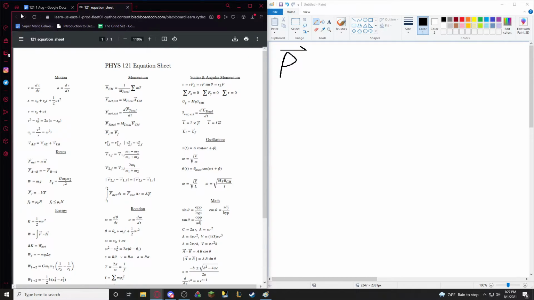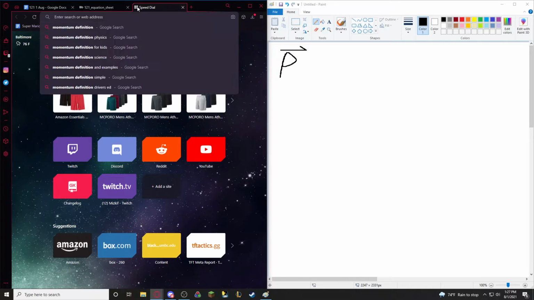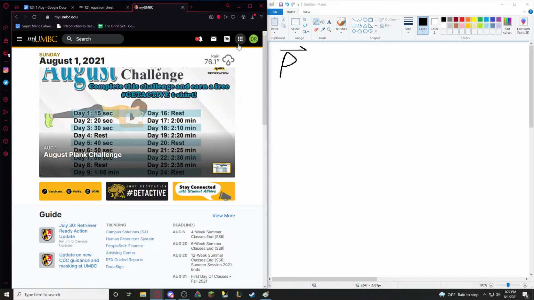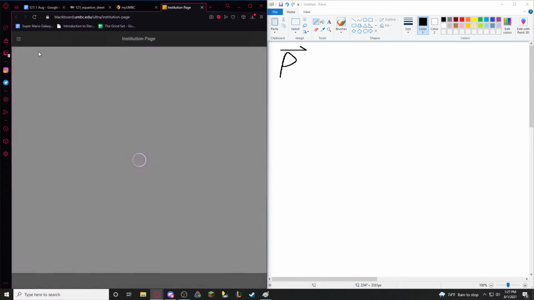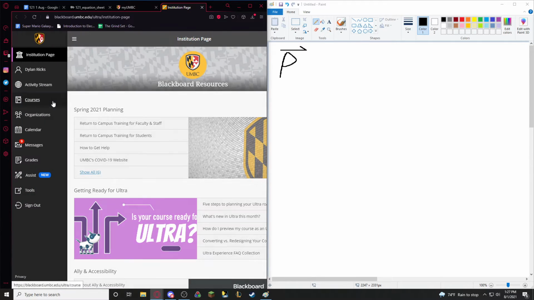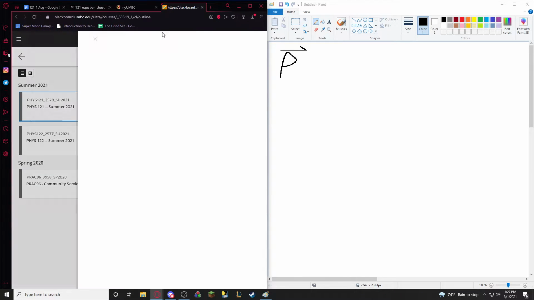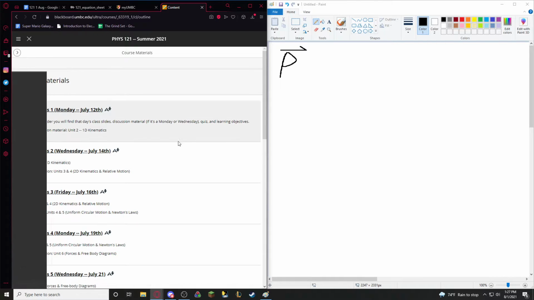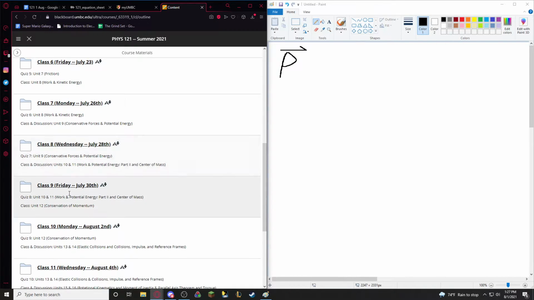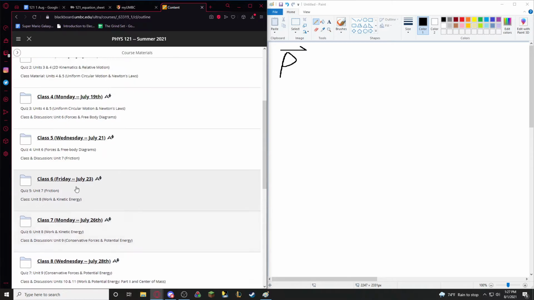That Physics 121 equation sheet that's on the course page. For some reason, it's weird. Maybe I should actually bring it up to him. I noticed this, I don't know if anyone else noticed it. You go to the course page, go to course materials, and it's not under course materials.